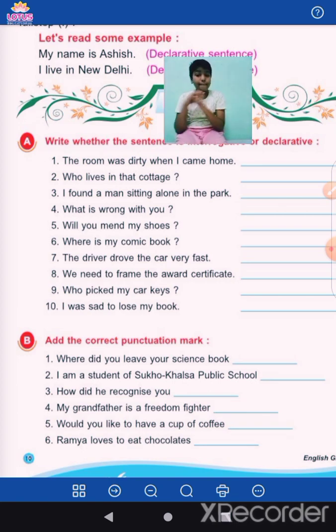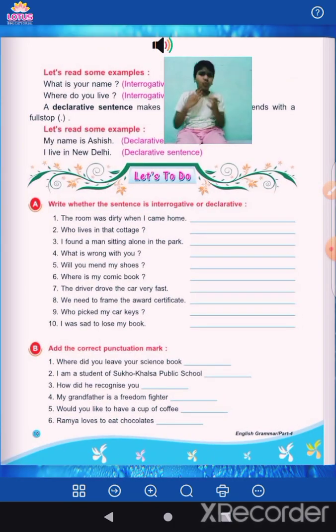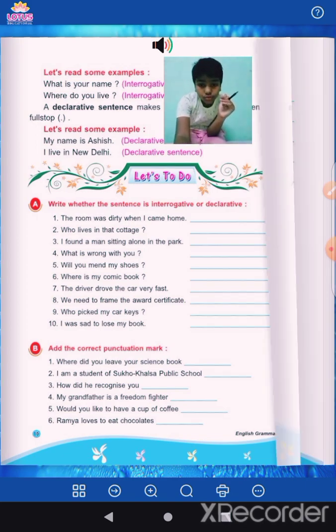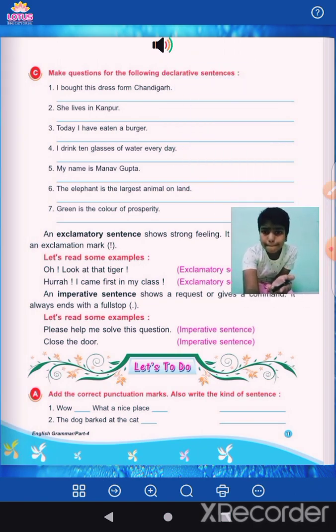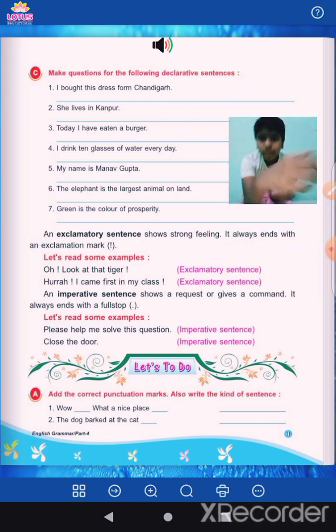My grandfather is a freedom fighter. We are just saying it. So that is a declarative sentence and it will end with a full stop. Next, would you like to have a cup of coffee? Here we are asking, so it will end in a question mark. Ramya loves to, so it will end in declarative. This also you can do.